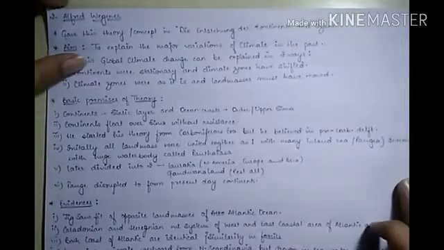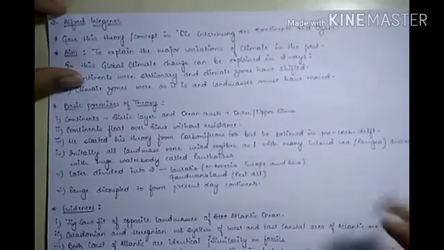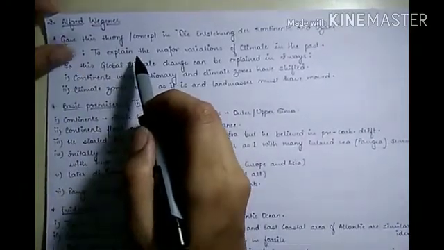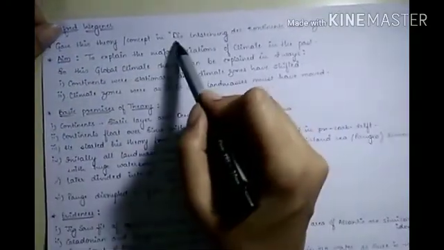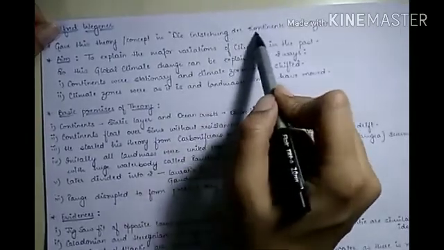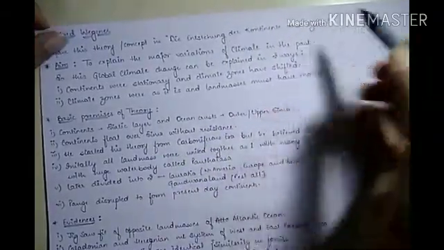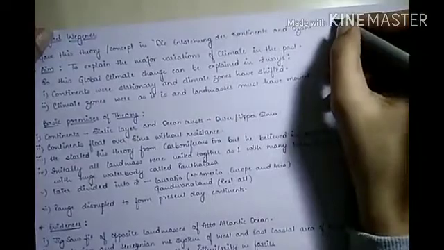So we have the next theory, of Alfred Wegener. He gave his concept in the book known as Die Entstehung der Kontinente und Ozeane. He actually gave his theory in 1912.